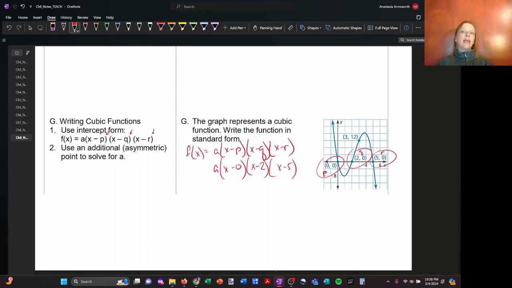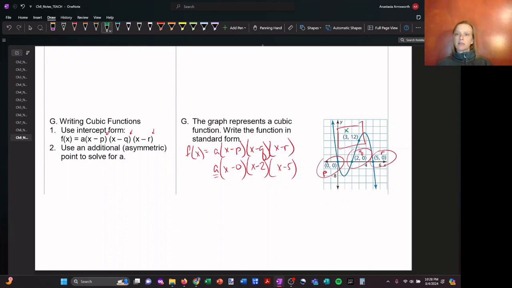And now I can work backwards, just as I did with the quadratic examples. I can figure out what a is because I have one other point that isn't a 0 that I can use to plug in x and y values in this equation.